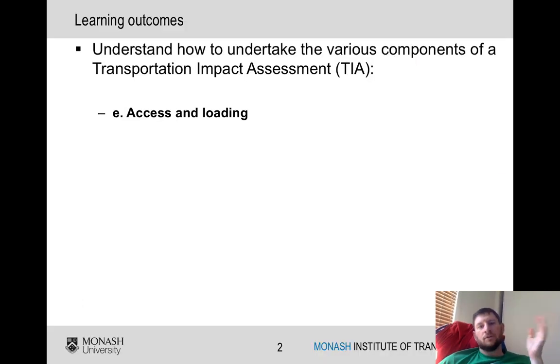Loading and access to your building or proposed site is often something that you need to consider in a TIA, to make sure that you can actually get on and off the site, you can get your garbage collected, and that the access points are going to be safe and suitable for people to use.